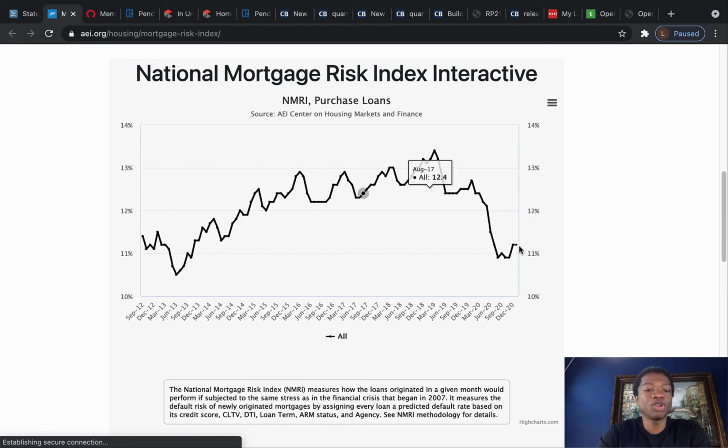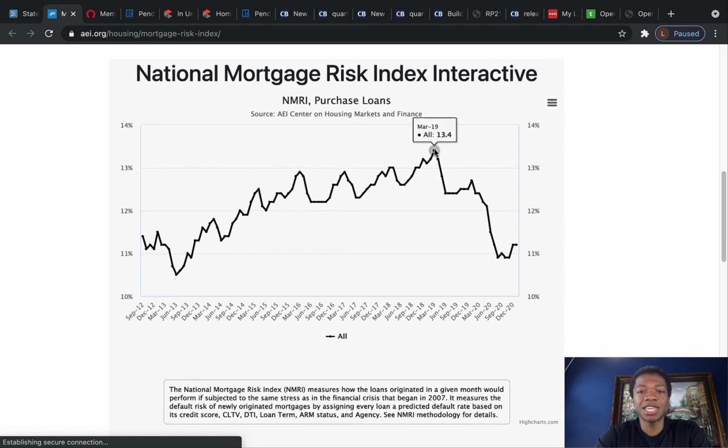And again, on the low, we're looking at 10.5%. So in January of 2013, 10.5% of the loans made at that time, if they had been in place in 2007, would have started down that foreclosure path.